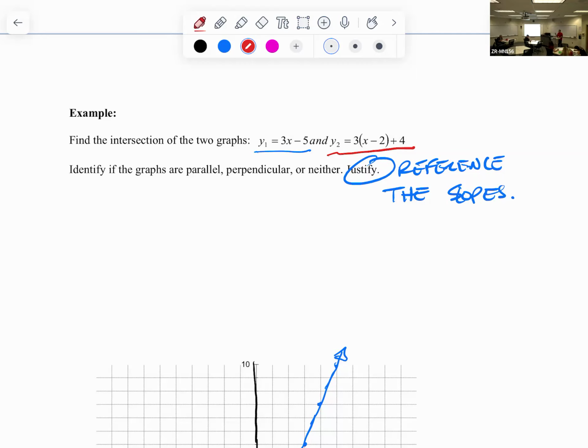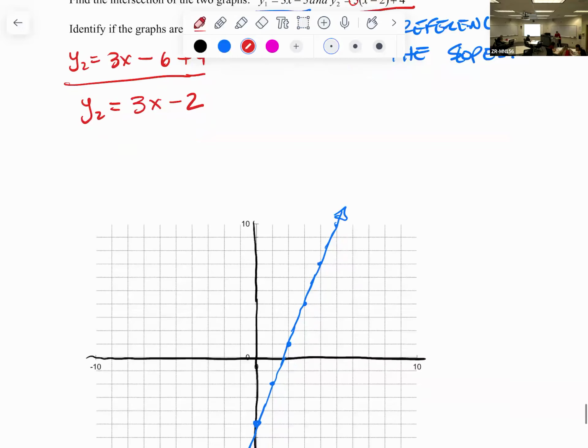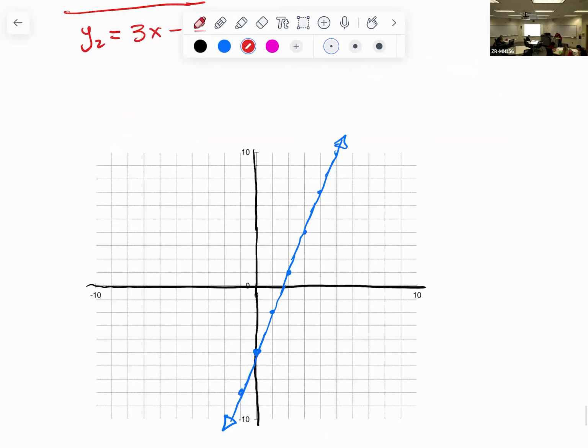Rainbow. Again, rainbow is everywhere. Take that 3, I need to rainbow that guy in. And then, yes, simplify, one little step of simplification here. And I should be able to graph this guy. -2, 0, -2. Slope of 3/1.